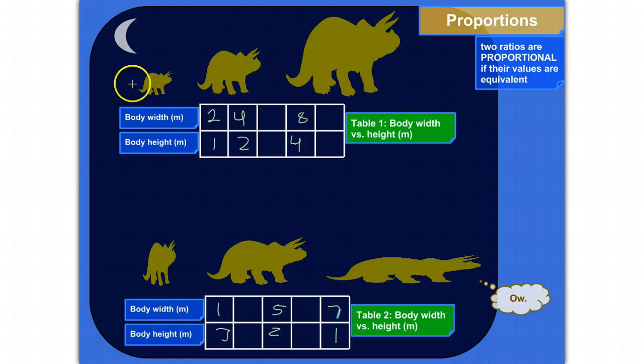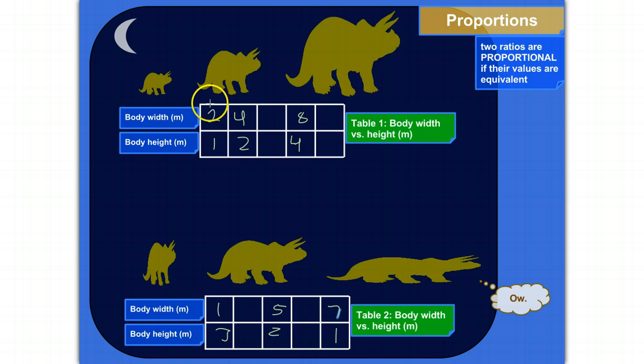Okay, so this first guy here, let's call him 2 meters wide and 1 meter high. This guy, let's call that 4 wide and 2 high, and then the width of this last one, eyeballing it, looks like 8 meters across and 4 meters high.